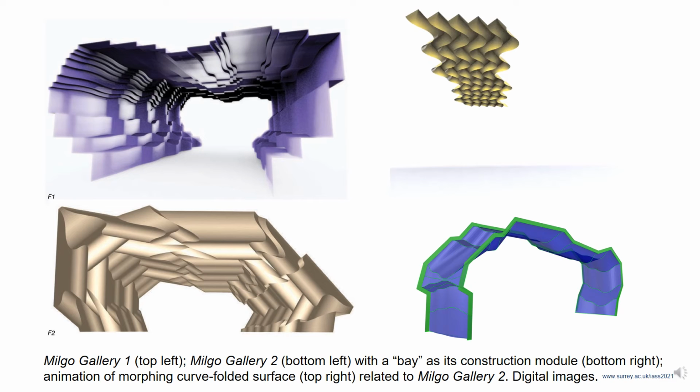The curve folded surfaces can be used to make usable space and define an environment. 2 different gallery designs are shown. Gallery 1 has a stepped pixelated section from a single folded surface that is mimicking a curved profile by zigzagging. Gallery 2 has steeper irregular folds and can be built from bays, shown on bottom right, which are bound by structural flanges, green, which enable joining with adjacent bays.